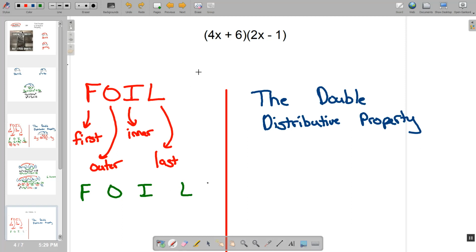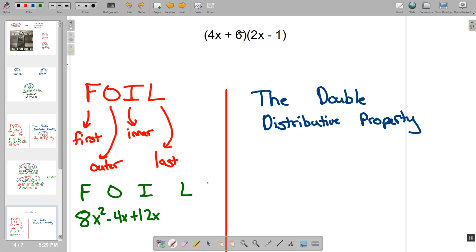So for this problem, foiling would be the first term in each parenthesis, which would be 8x squared if we multiplied them together. The outside terms would be 4x times negative 1, or negative 4x. The inside terms would be 6 times 2x, which would be positive 12x.